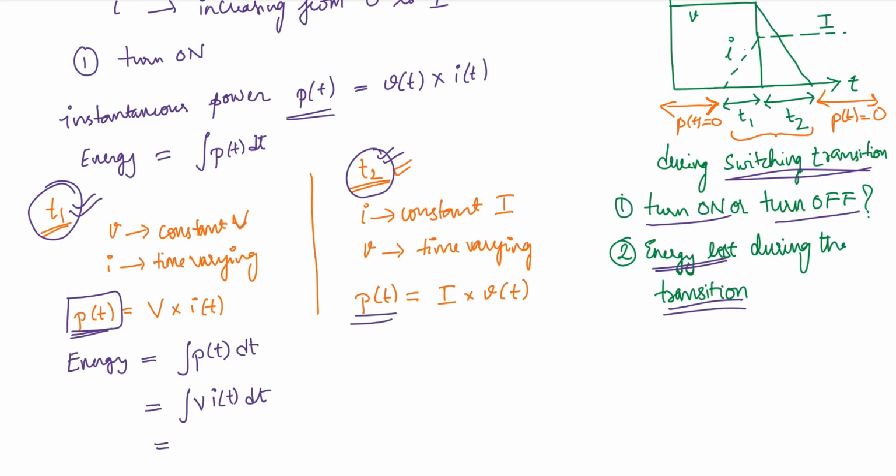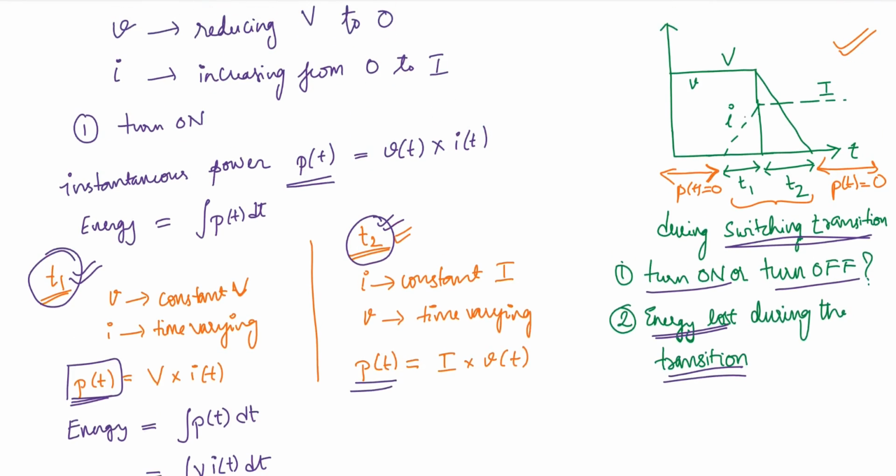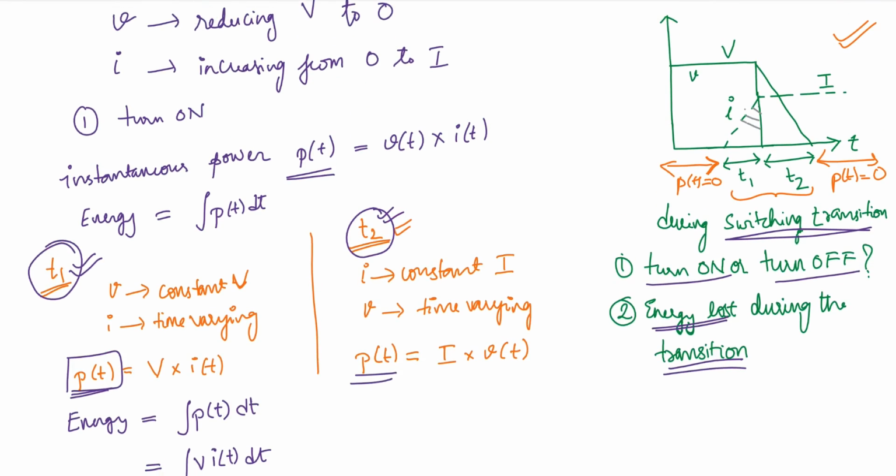You can bring the voltage outside the integral because it is constant and not varying with respect to time. Now here you have to observe that this integral of I of t dt is nothing but the area under the curve I of t. If you see the diagram here, this will be the integral of I of t dt.